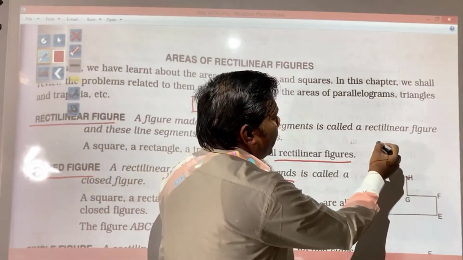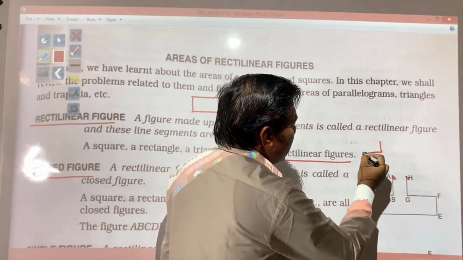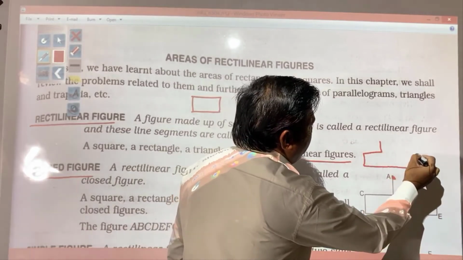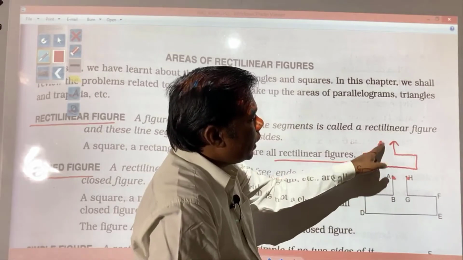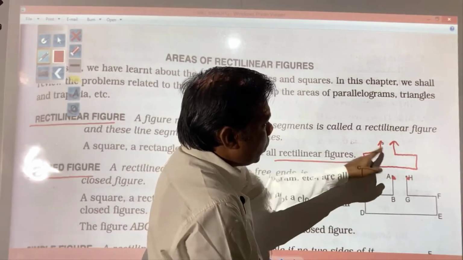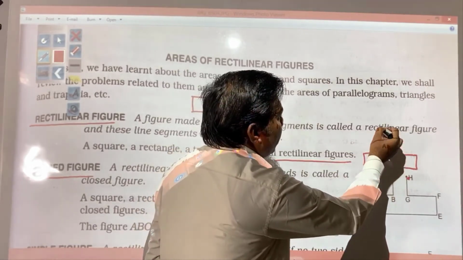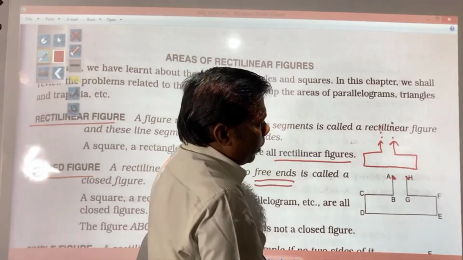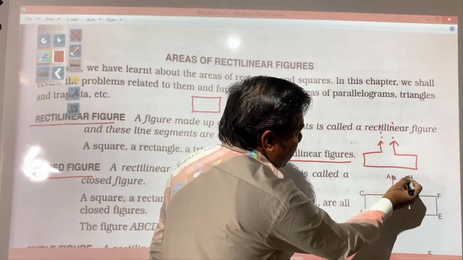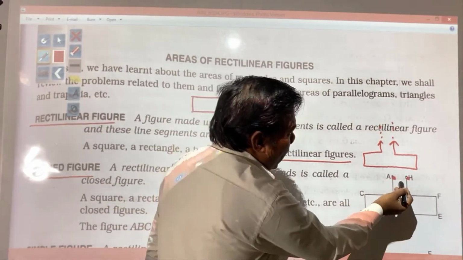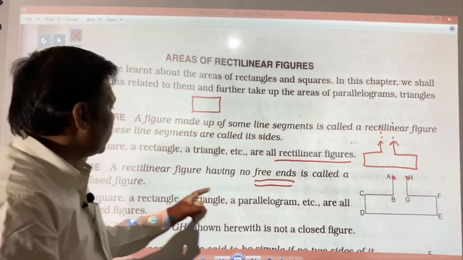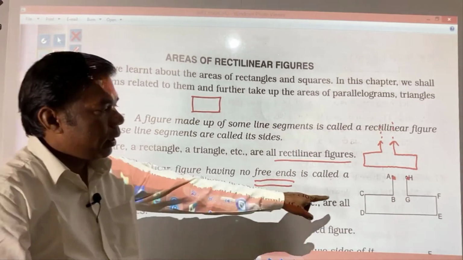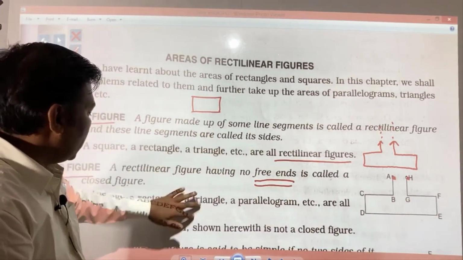If it would be in this way, it shows that the area may be these also. But here an end point is there. If we are taking the area, only this area is being taken. So that's why this is called a closed figure. So don't be confused with these two.